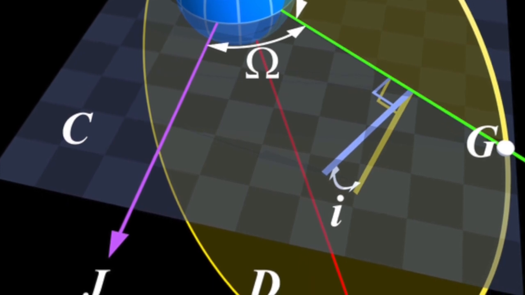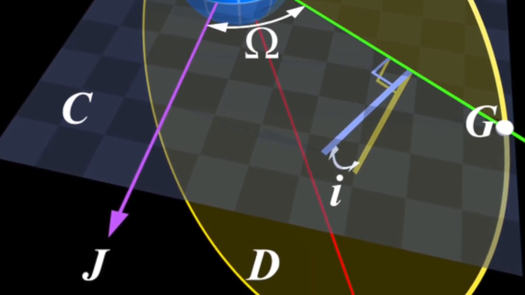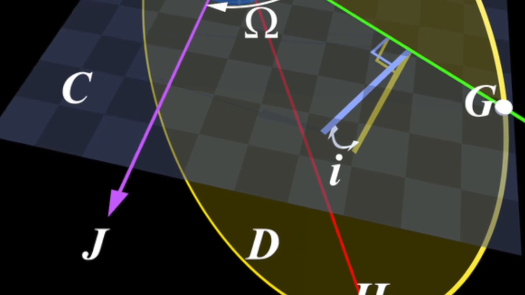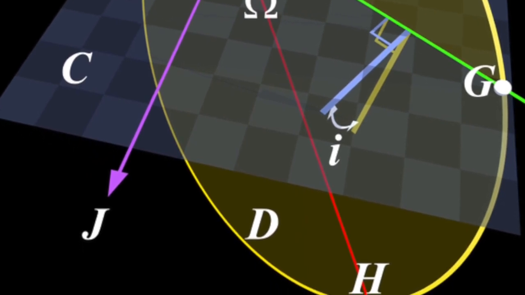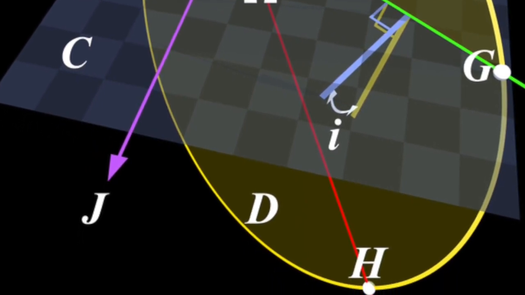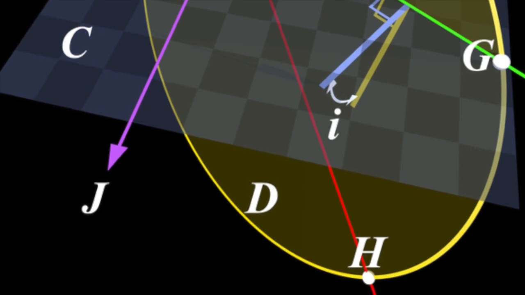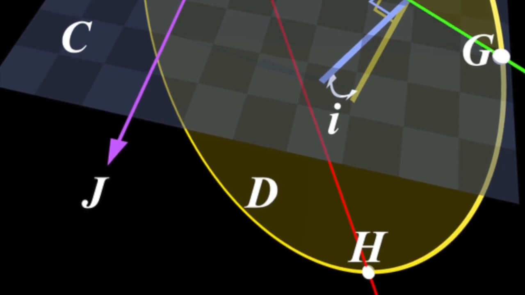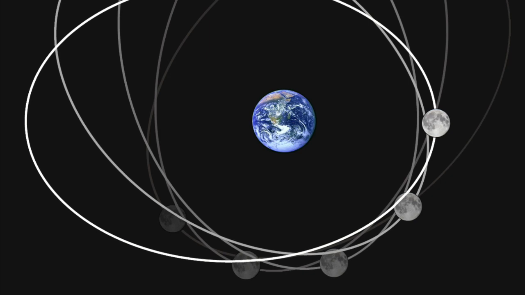These diagrams here show an exaggeration of the moon orbiting the Earth. The Earth is not located at the center of this orbit. Instead, it's at something called a focus point, and there are two focus points that split the center of this elliptical shape.